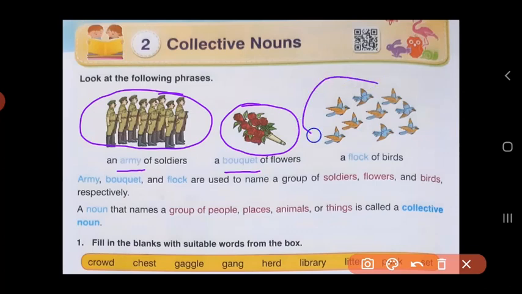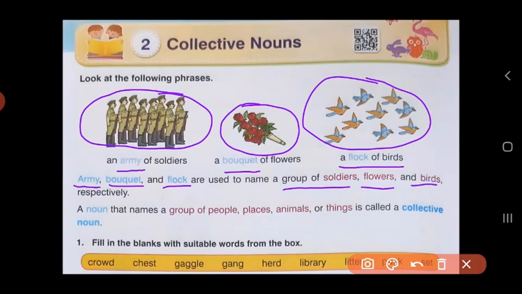Birds flying together in the sky in a group. Then we call them a flock of birds. So here in all these three examples, army, bouquet and flock are used to name a group of soldiers, flowers and birds respectively.